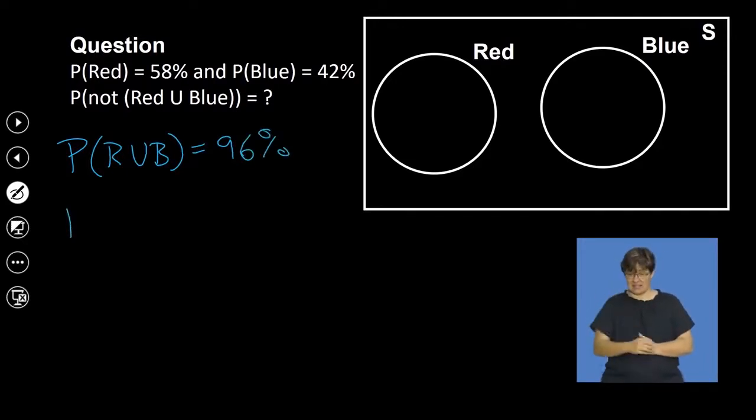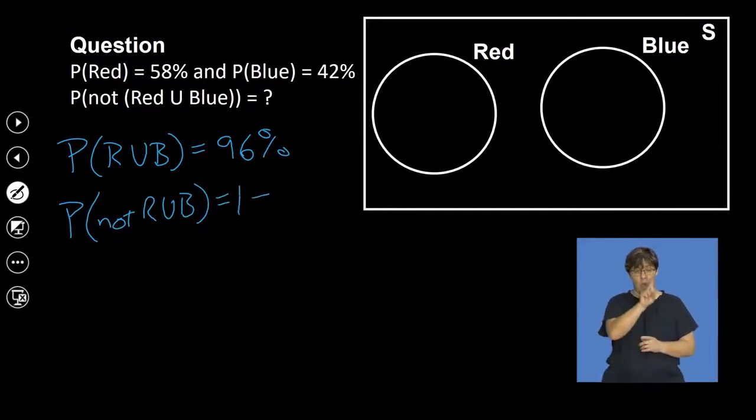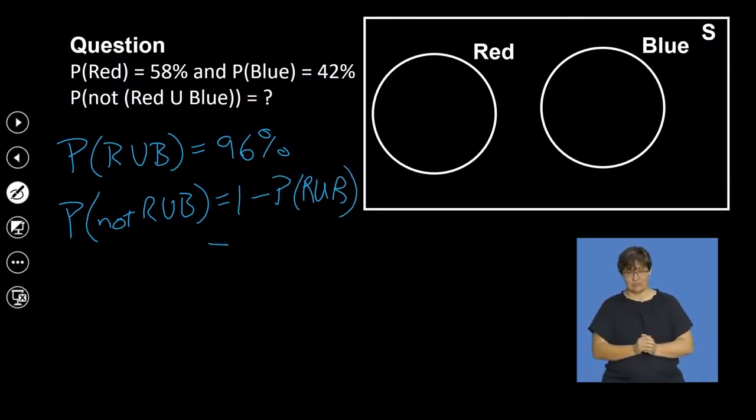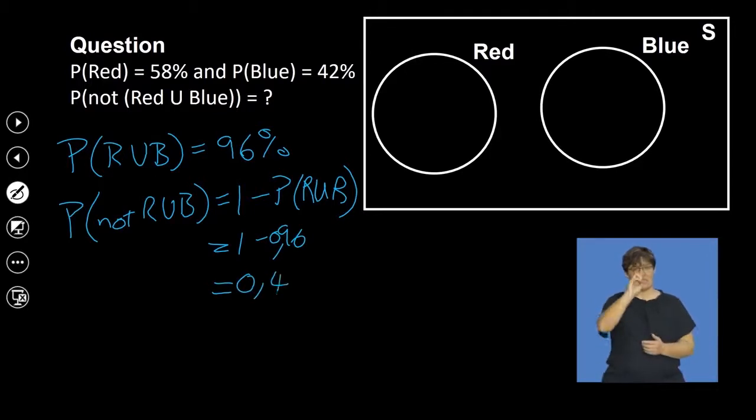So the probability of him not choosing red or blue is going to be 1 minus the probability of red or blue. And if you do that, you'll see that that is going to be 1 minus 0.96, which gives you 0.04, which is 4%.